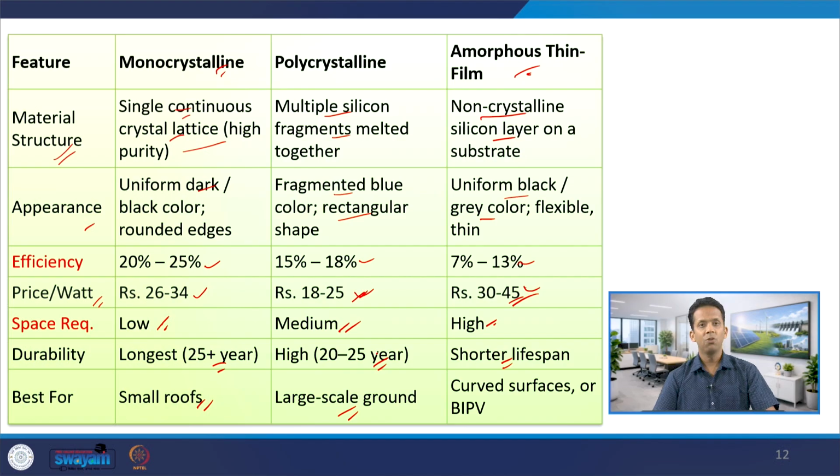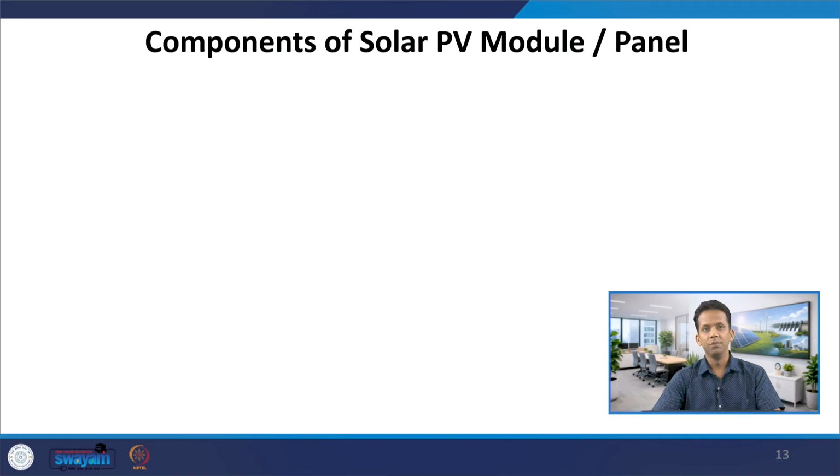Polycrystalline is typically used for large scale ground based solar PV plants, and amorphous or thin film would be used for curved surfaces because of their non-crystalline, non-brittle nature, or building integrated PVs, because buildings may have windows and curved walls, and so for them amorphous thin films are useful.